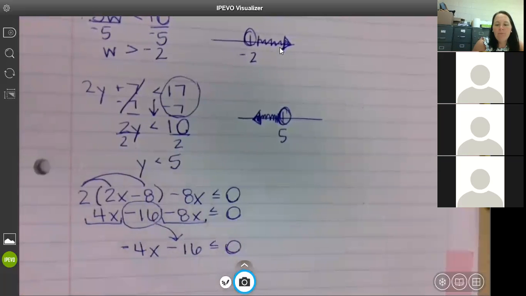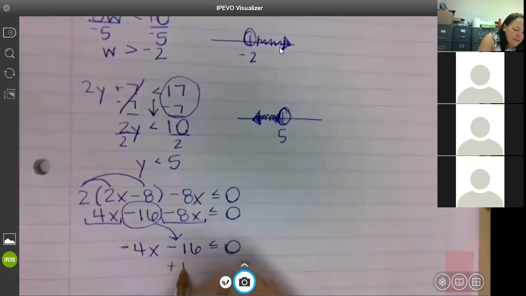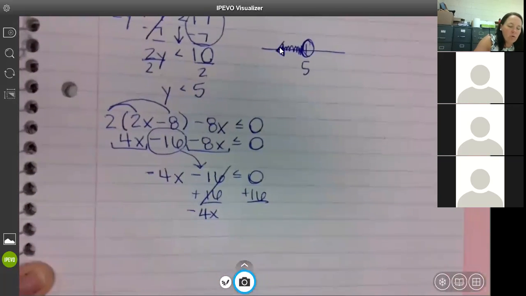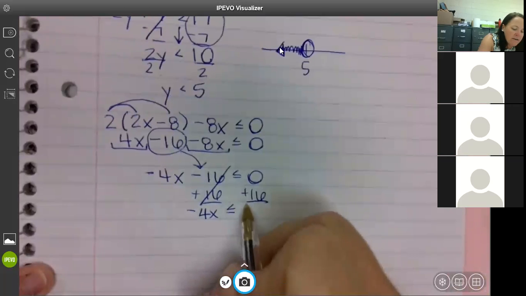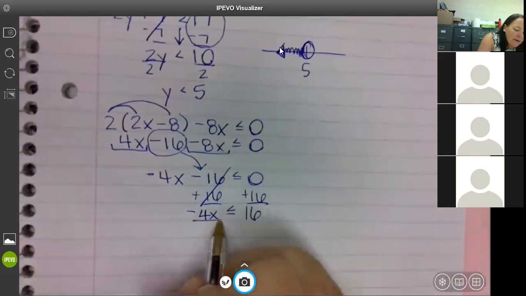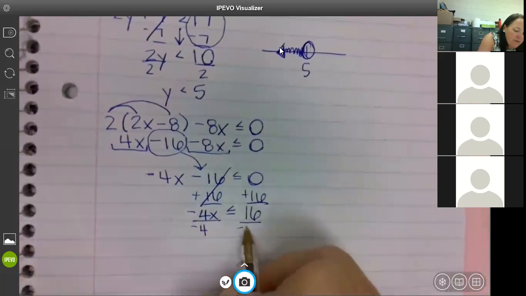What do I do now? Add 16 to 0. Add 16. And don't freak out because there's a 0 over there. Use it just like normal. You get negative 4x, bring down your sign, less than or equal to 16. And then finish it out by dividing by negative 4. What happens when I divide by negative 4 though?